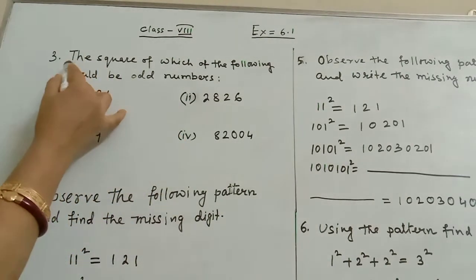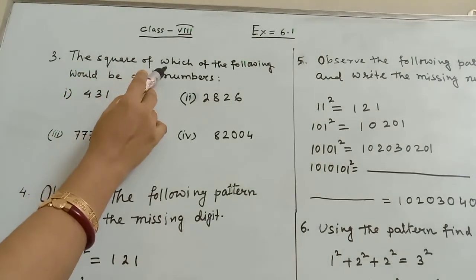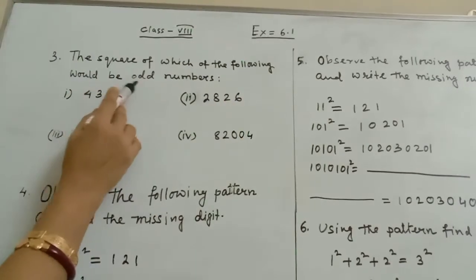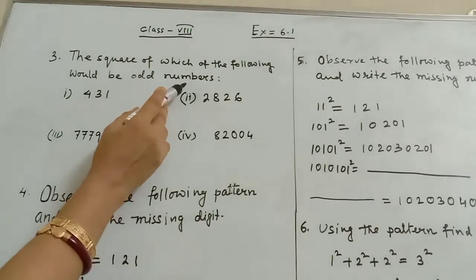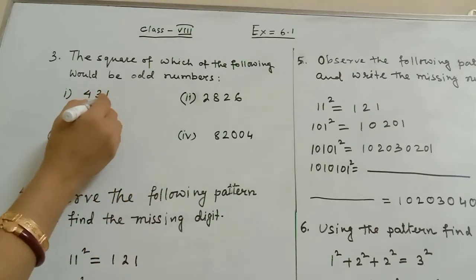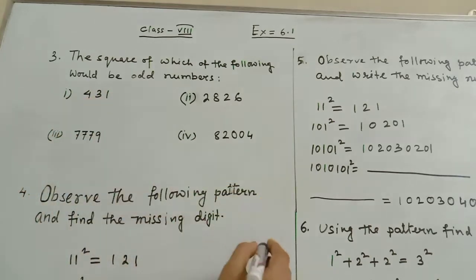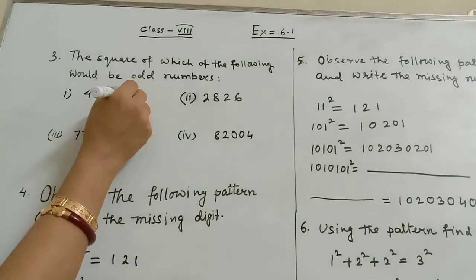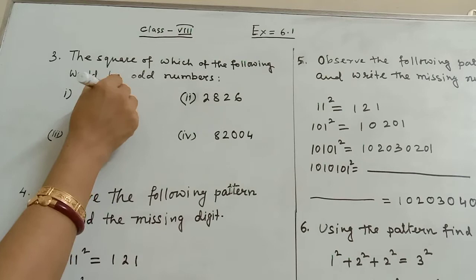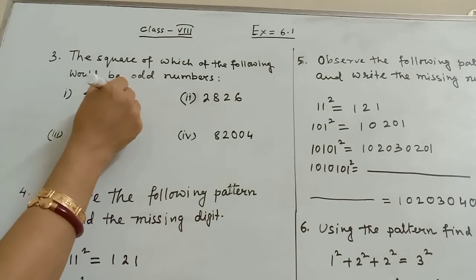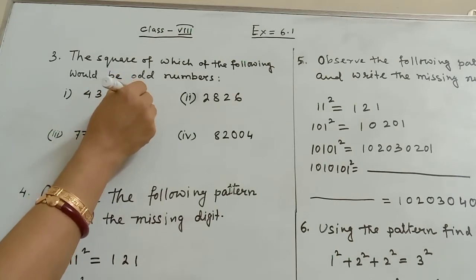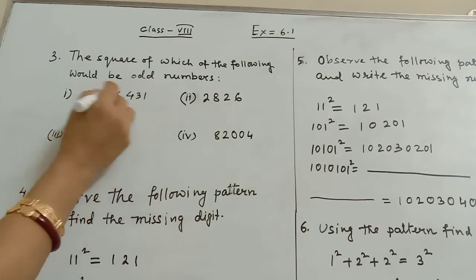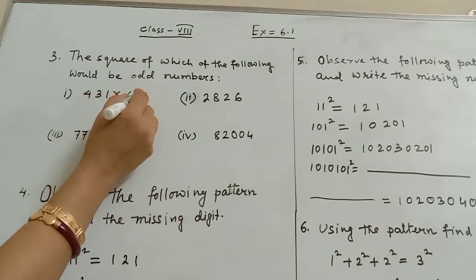Now question number 3: the squares of which of the following would be odd numbers? See, here it is 431. If we multiply 431 by 431, then 1 and 1 will be multiplied in the unit place.